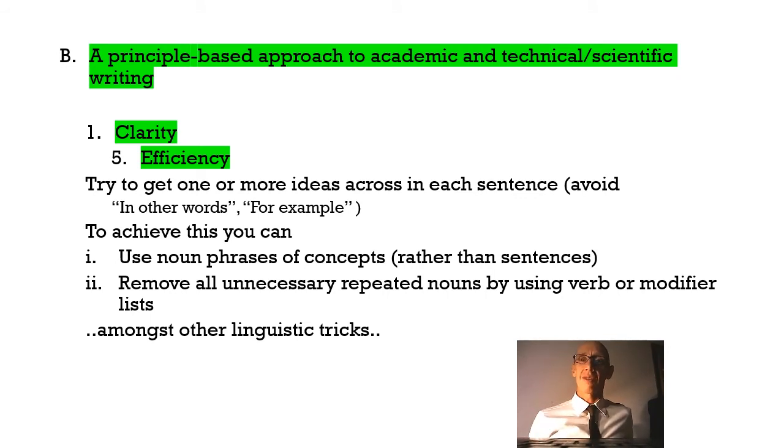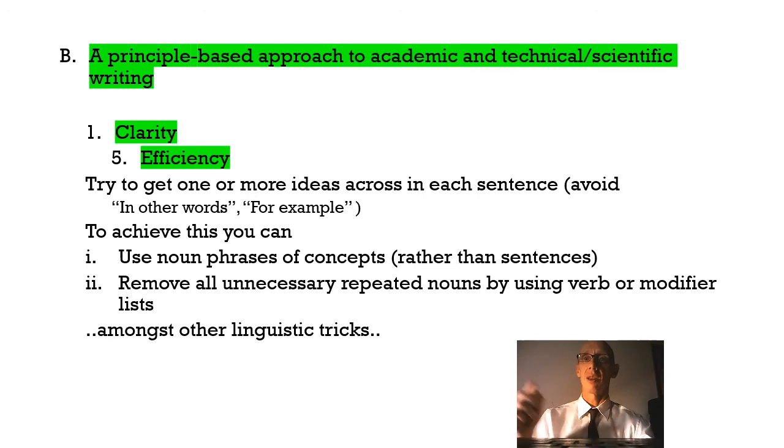The first rule is try and get the idea down in one sentence, or even better, in one phrase, half a sentence, one clause. Not even half a sentence, it could be 1/3. Or even better, in one little noun phrase. So you could actually turn a sentence into maybe a clause, or maybe into just one little noun. So bananas are popular is a sentence, or it could be a clause.